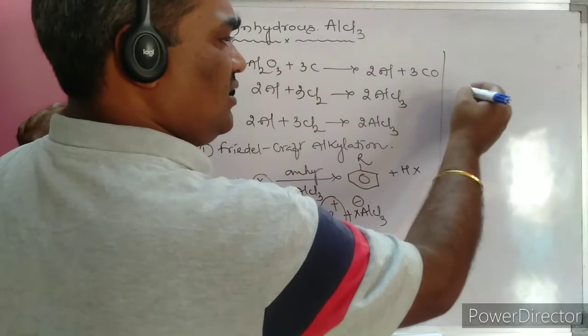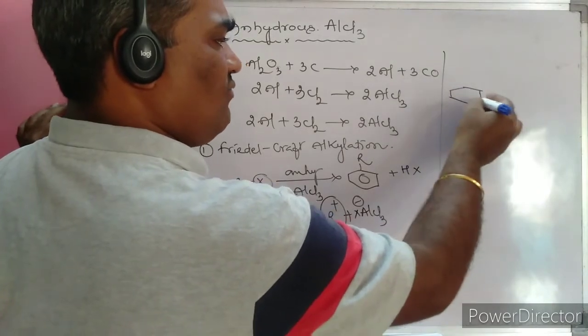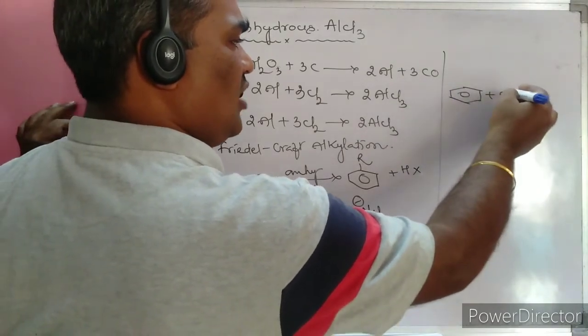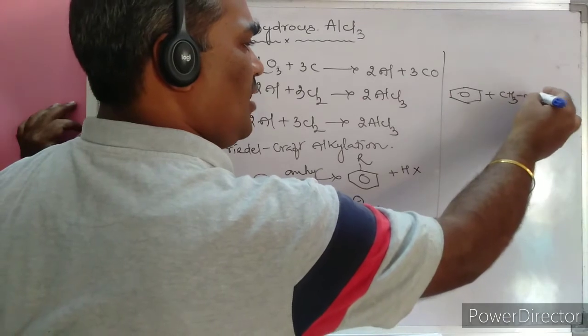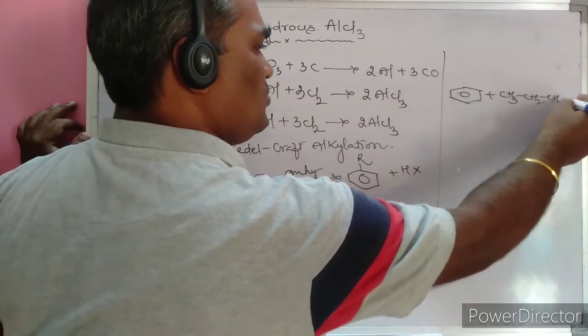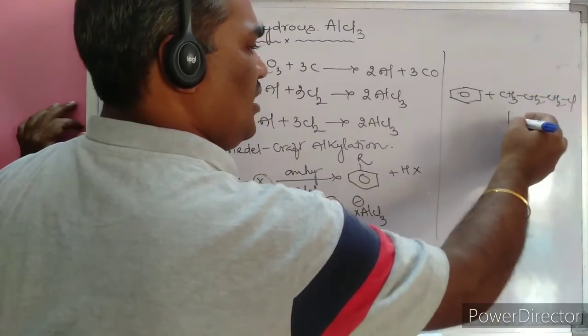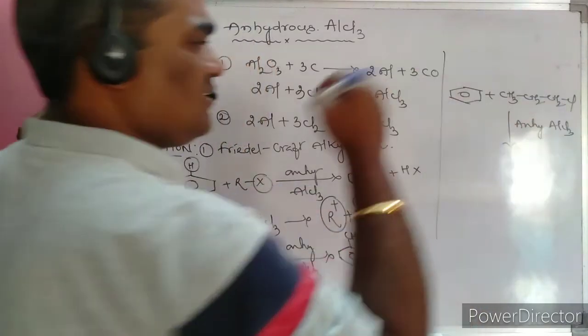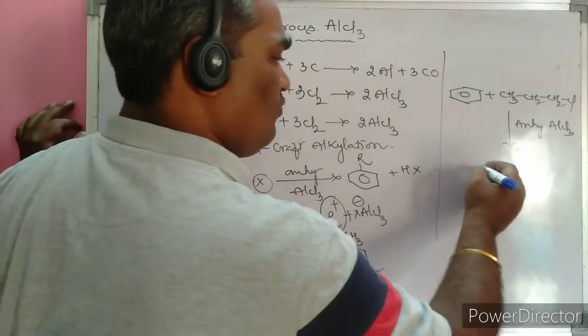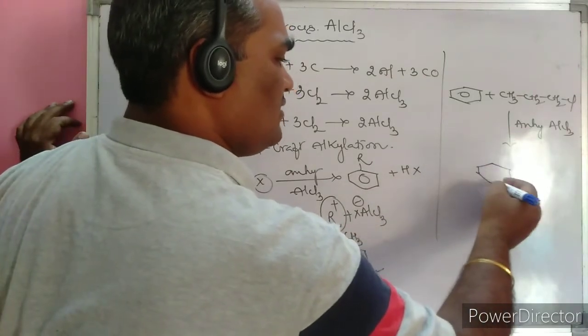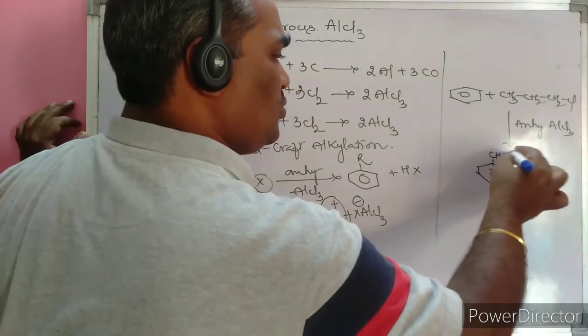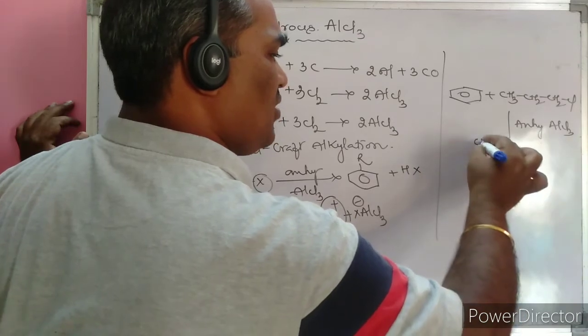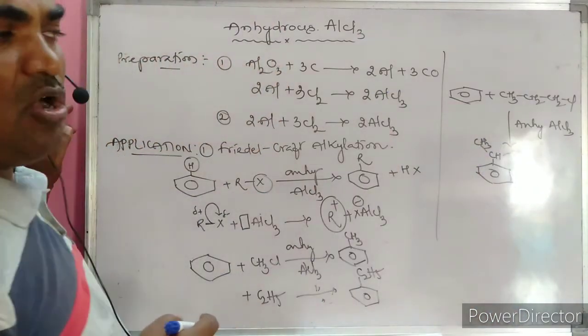But instead of methyl and ethyl, for example, benzene and n-propyl chloride, CH3CH2CH2Cl, is given, where anhydrous AlCl3 acts as a catalyst. The major product is isopropyl benzene, which we call cumene, its common name.